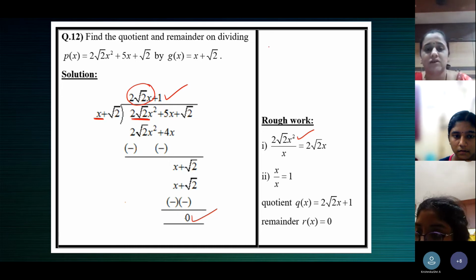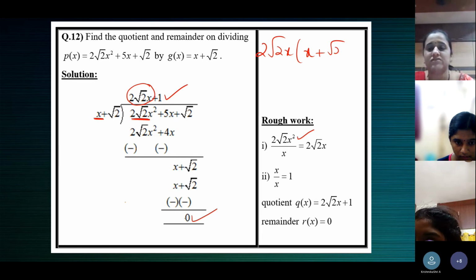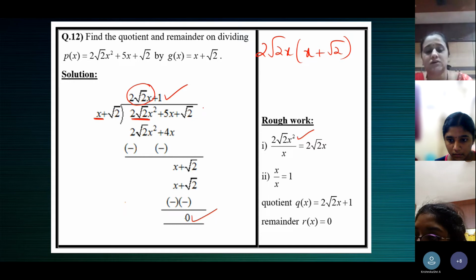Multiply 2 root 2x with the divisor x plus root 2.